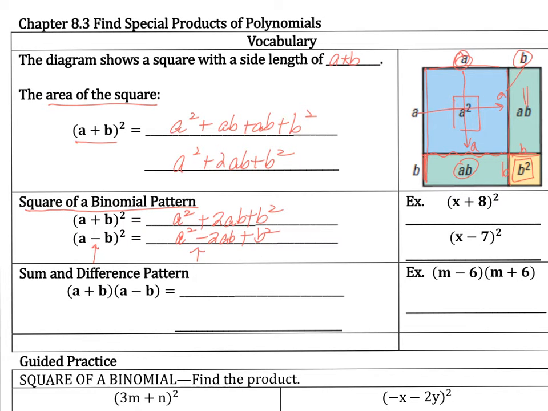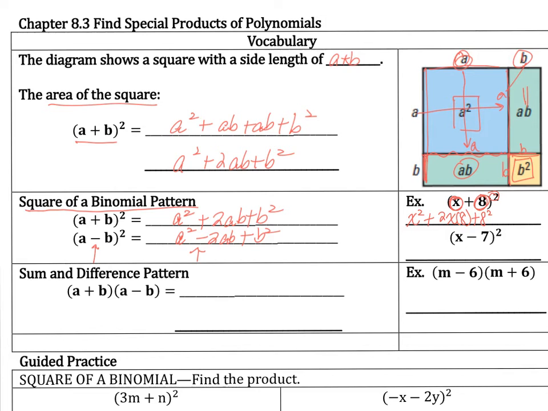Okay, we're going to look at an example here. First, to expand the first binomial, you can take x squared plus 2 times x again times 8. And then we're going to add that to 8 squared.